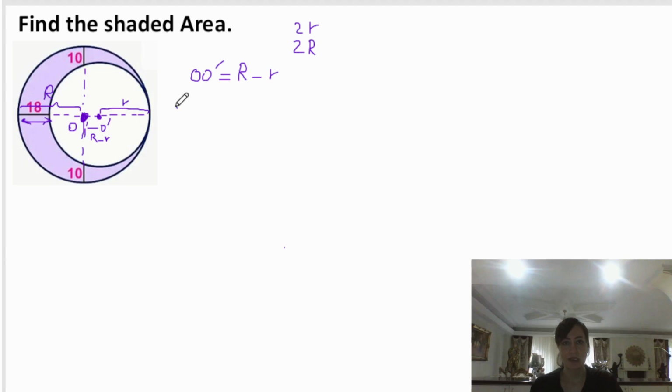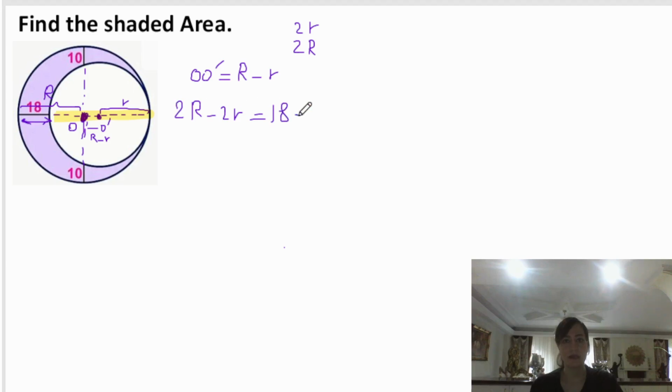So 2 capital R minus 2 small r equals 18.